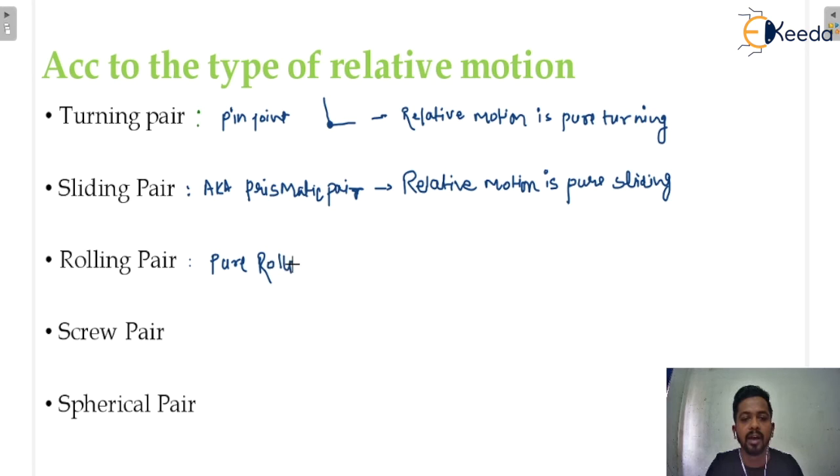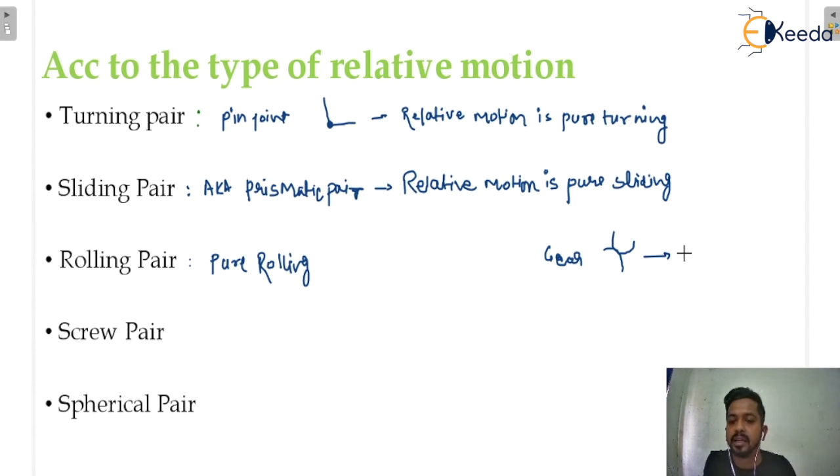Most of the students get confused between the rolling pair and the sliding pair by the example of gear. If two gears are meshing with each other, what type of pair are they going to make? The gear is not making a pure rolling pair. They are not making a sliding pair.